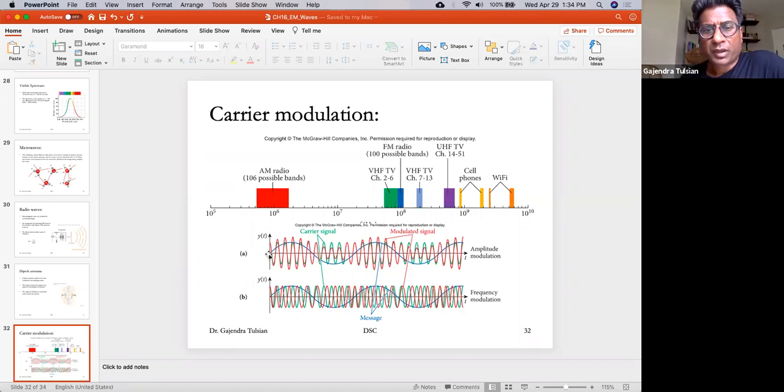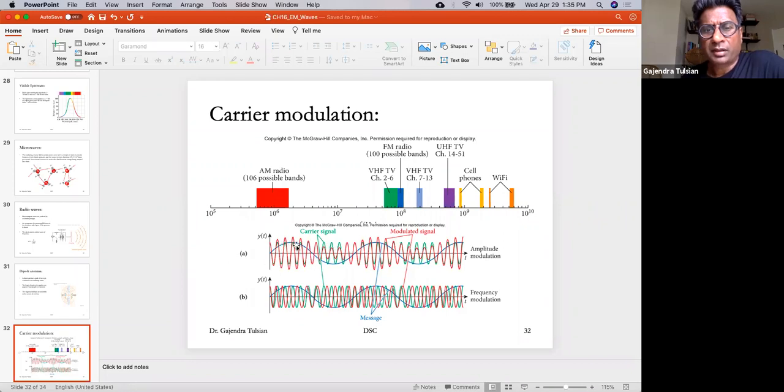Okay, so the carrier signal is that green wave. And the signal is the blue wave. The signal, the information that you're trying to transmit, generally has a low frequency, and the carrier signal has a much higher frequency.